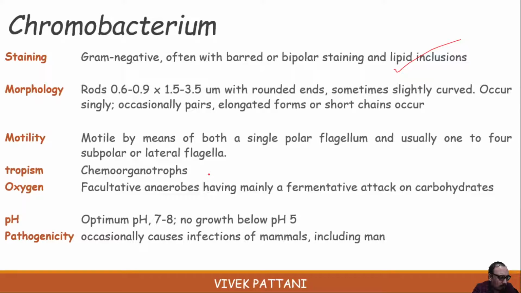In tropism, they are chemoorganotrophs. For oxygen requirement, they are facultative anaerobes having a fermentative attack on carbohydrates. They have a pH optimum of around 7 to 8, but are not able to grow at a pH below 5. Some of them are pathogens, which cause infections in humans as well as mammals.